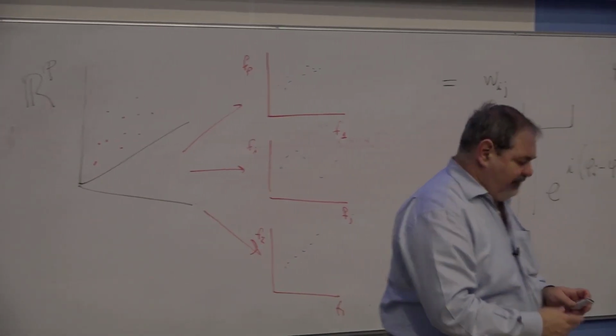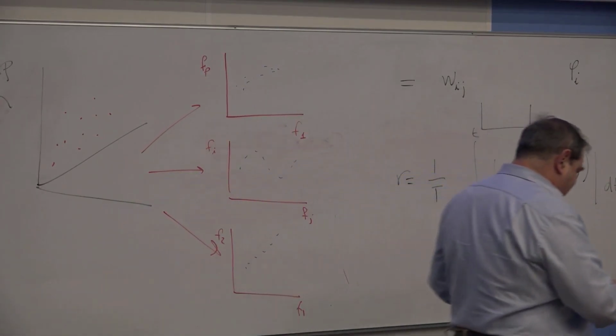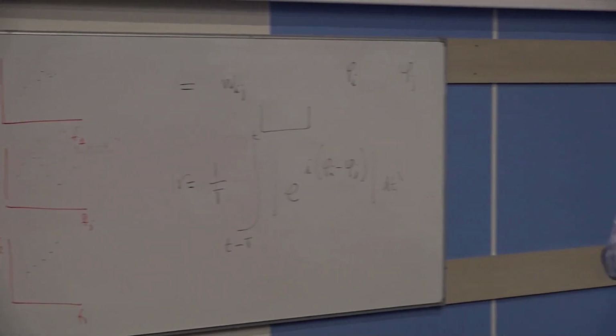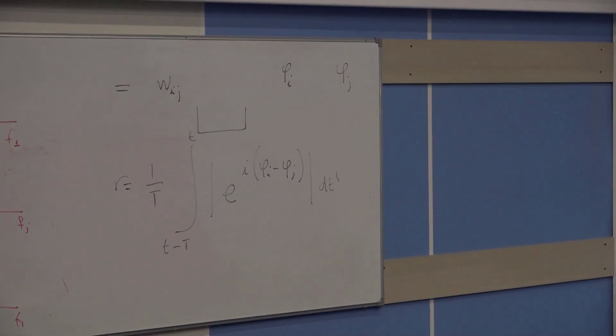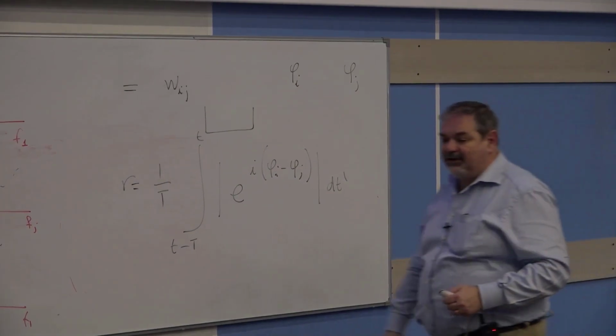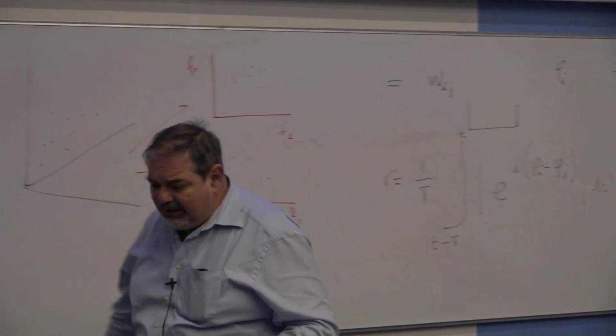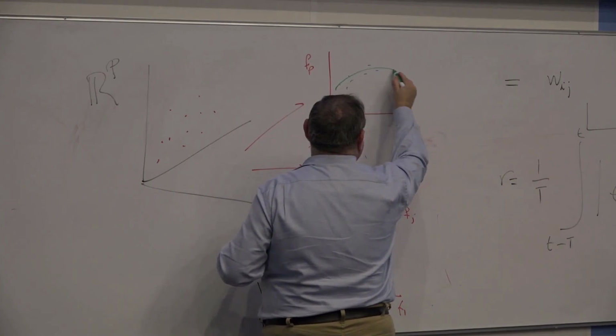Now, my hypothesis is that for each one of these planes, there is a constraint, Fij of fi, fj equal to 0. So these points are not distributed in a cloud, but along a given function.